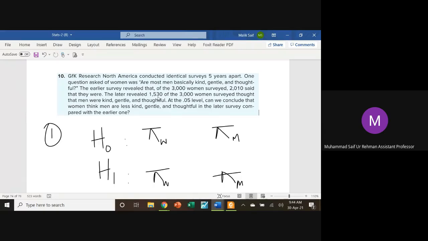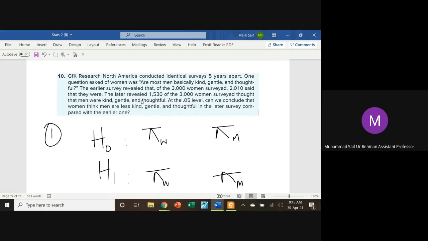Okay. So instead of writing W and M, because if you see the situation, women are being surveyed. Men are not being surveyed. The question is regarding men, but only women are being surveyed. There are two surveys: the first survey and the second survey.